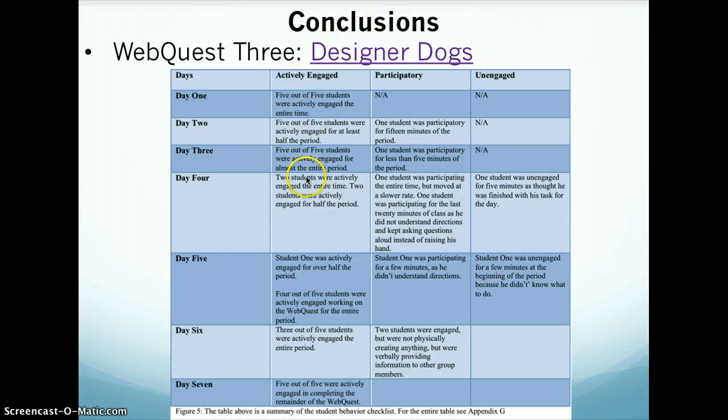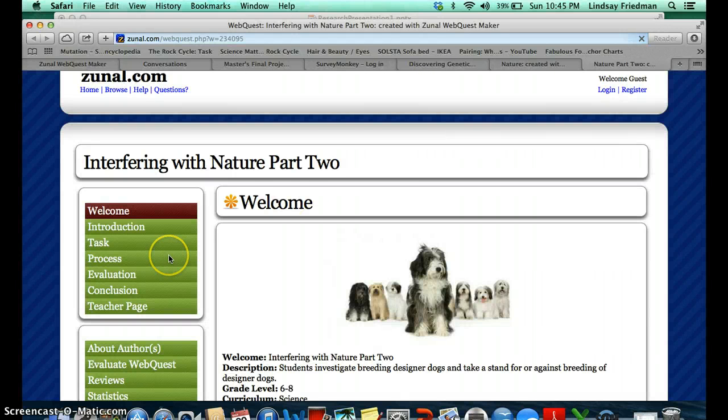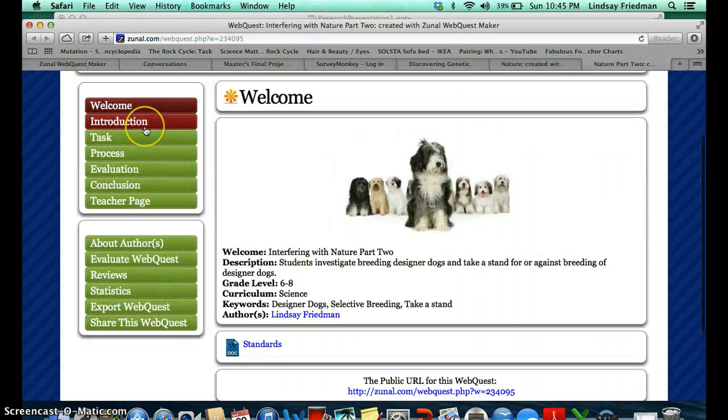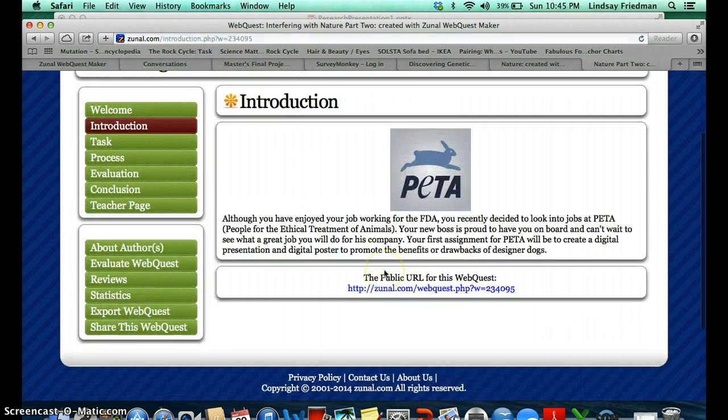For WebQuest 3, you can notice that most of them liked this WebQuest the best because there was a project involved rather than a final essay to write. This one was based on designer dogs and selective breeding and whether designer dogs should be allowed.